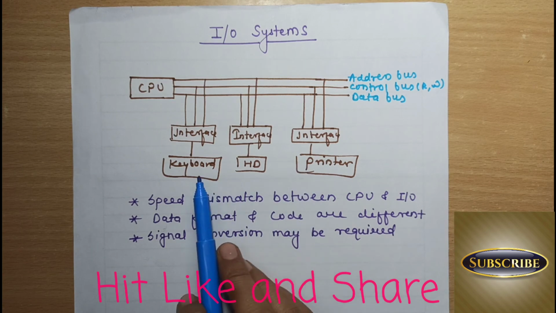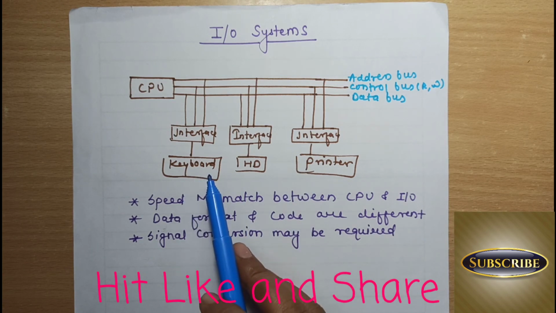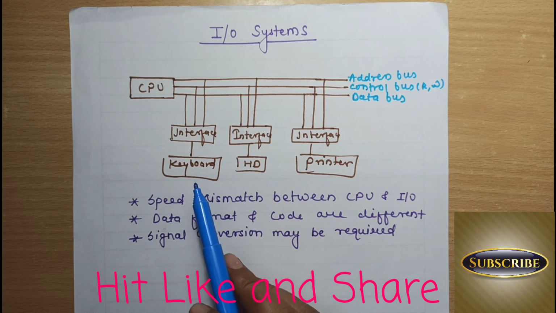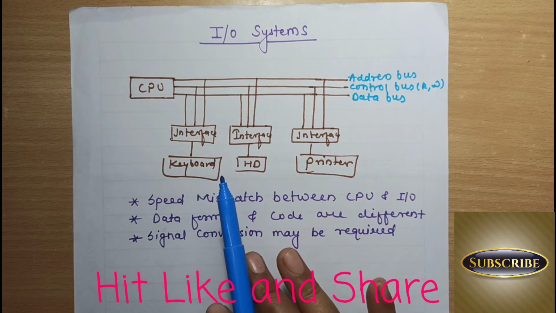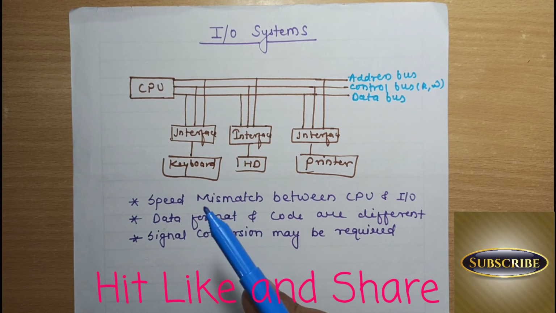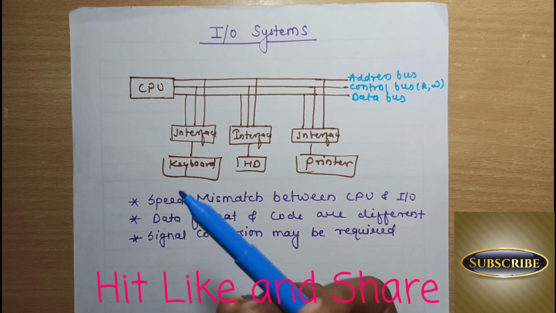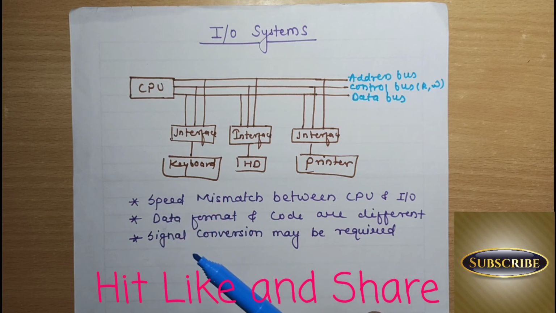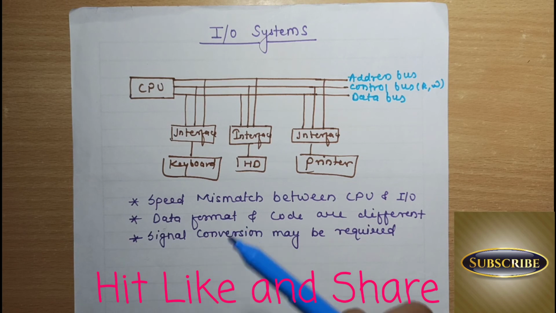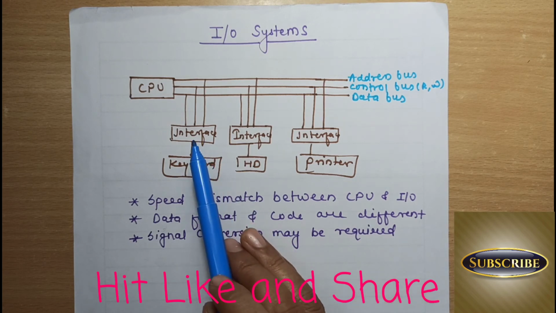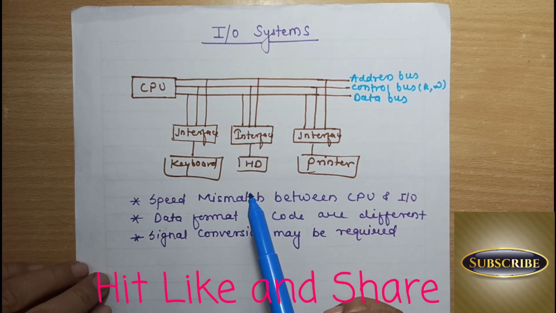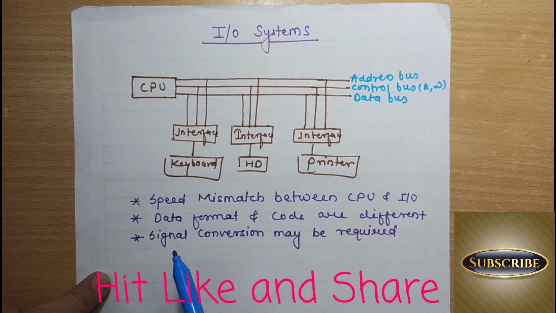If I talk about the keyboard, you can hardly give 2-3 characters or maximum 5 characters in a second, not more than that, right? So if you are taking input from the keyboard, you need to match the speed between the CPU and the keyboard. Our CPU time is very precious. We cannot waste its time, right? For that we need an interface to fill this speed mismatch between the CPU and IO.